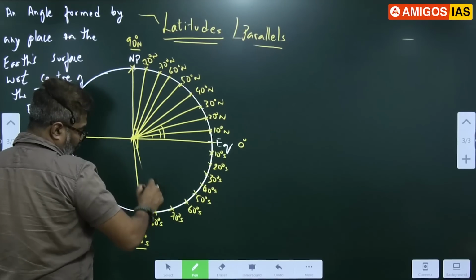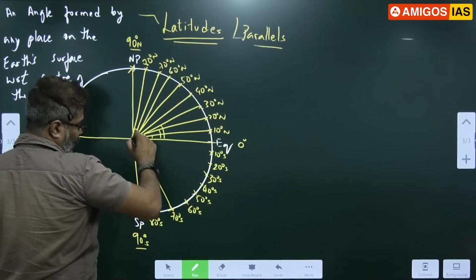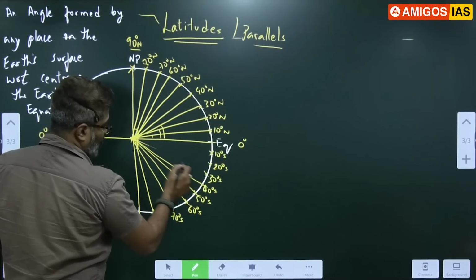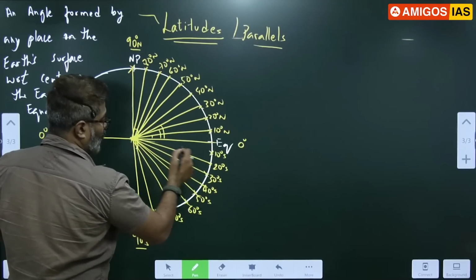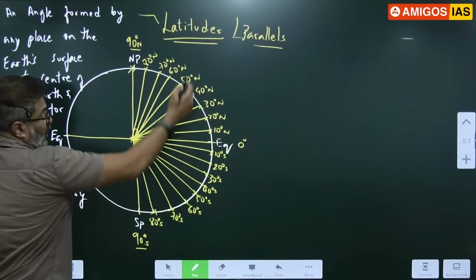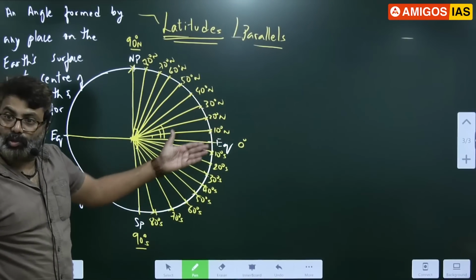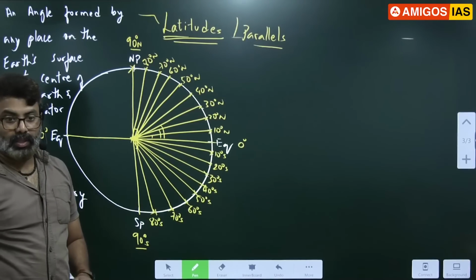So you use a protractor and mark all this. So each of these points are what? Latitudes. If it is north, you write N. If it is south, you write S. That's it.